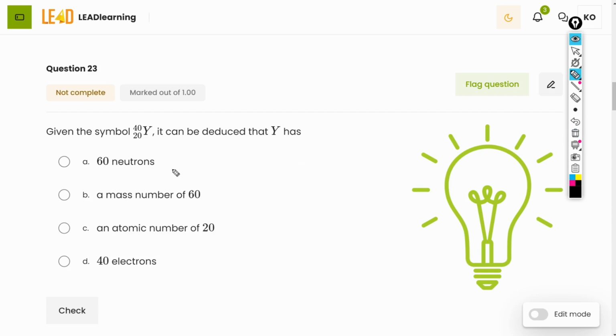Question 23. Given the symbol 40/20 Y, it can be deduced that Y has... let us look at what Y is all about.